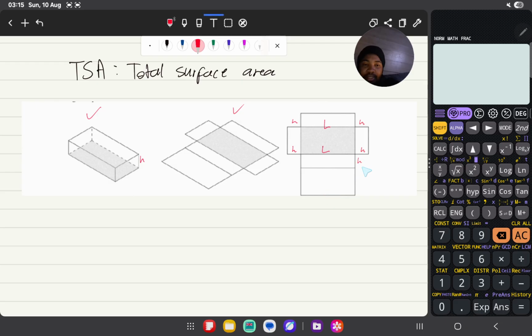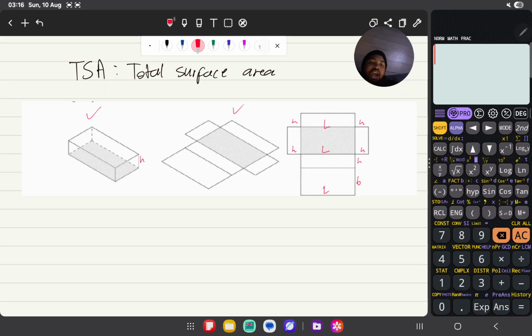That's gonna be height. This will be breadth. That will be length. Yeah, né?